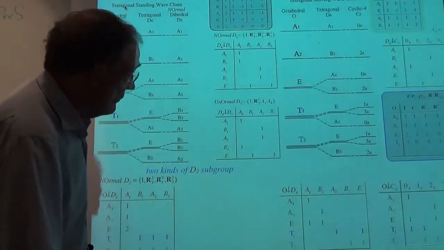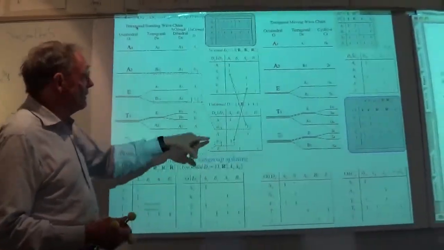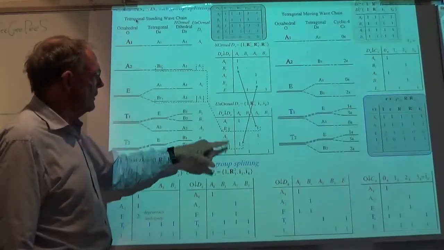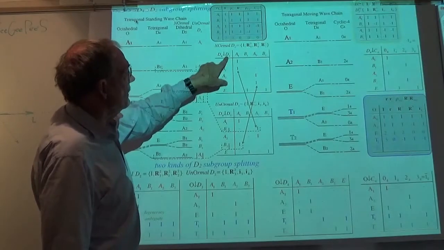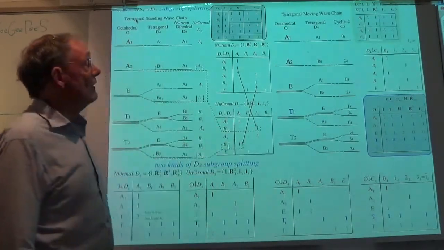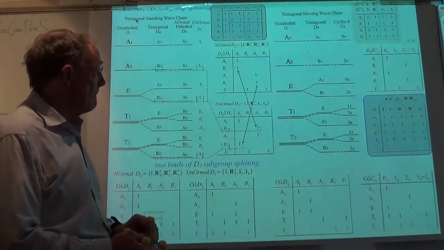Its correlation table is kind of weird because the B1 and the A2 and all kinds of things play funny games with each other. There's a switcheroo, you see, between the correlation table for the normal D2 and the unnormal D2. You've got to watch that. That has tripped some people up. You've got to be careful with that.